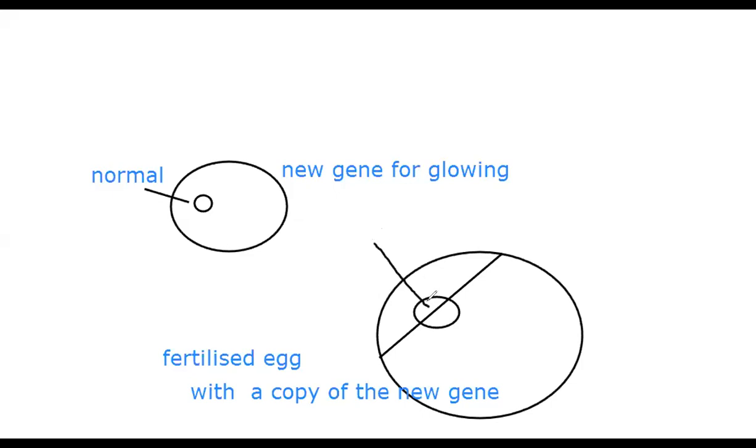So this is one cell, and this is another cell. One cell becomes more cells until it forms the embryo. So the new baby mouse, the embryo, has a copy of the new gene in all of its cells, right? Yes.